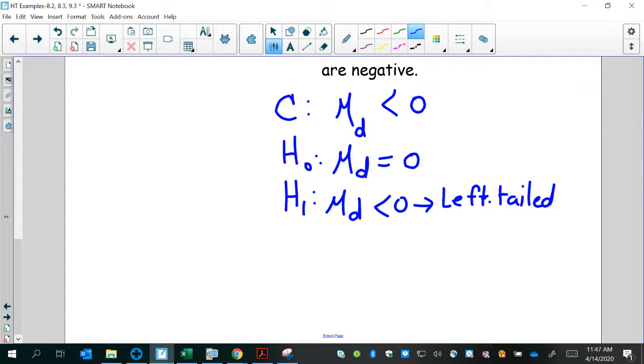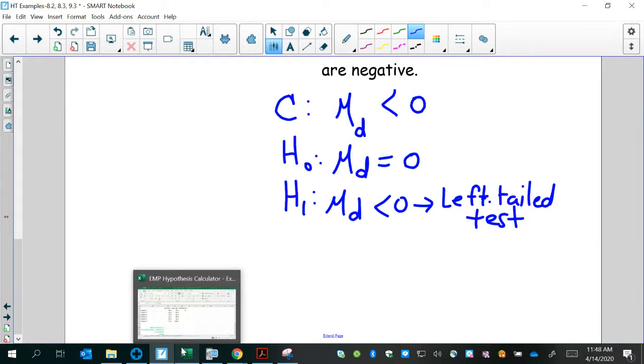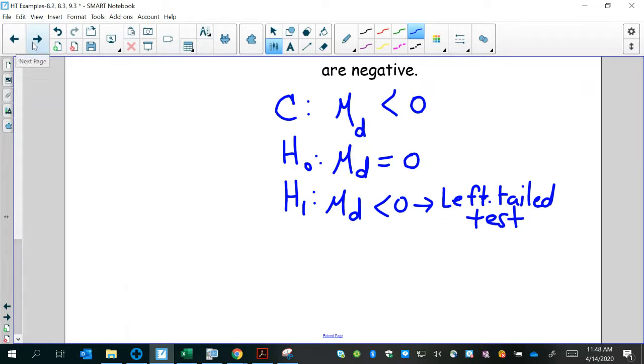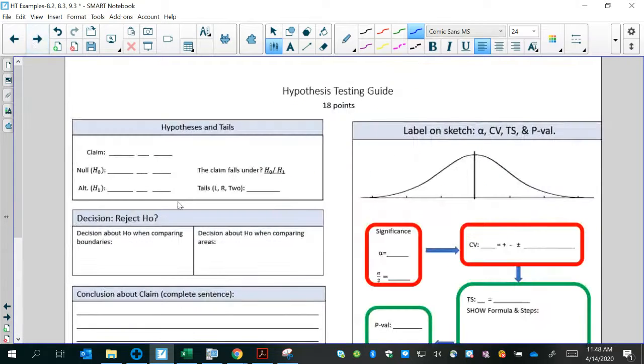Left-tailed test. Now, we can use the hypothesis testing guide to help guide us through the process, since there are a lot of things to think about. We can go ahead and write in mu sub d is less than 0. On average, the differences are negative. The null hypothesis, which always uses the equal sign.